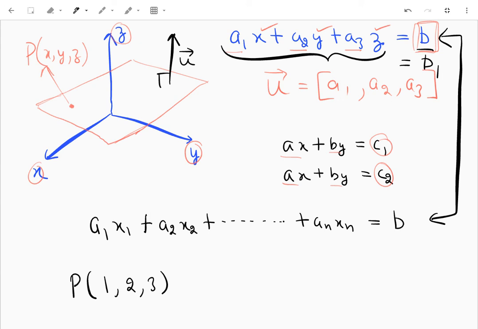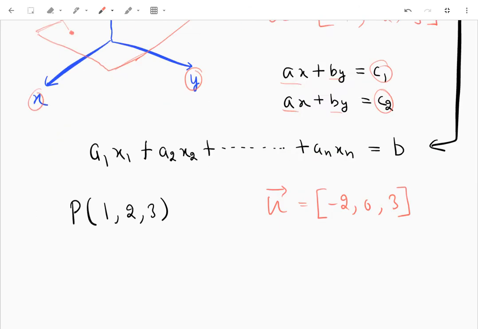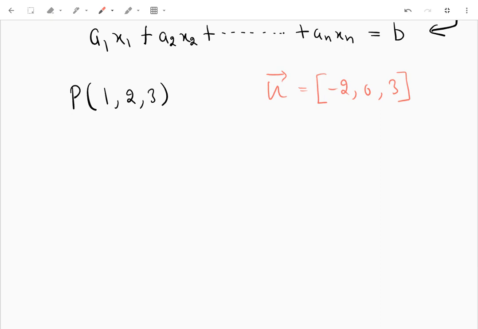And let's say that our vector u, the vector which is perpendicular to the plane of which they are asking us to find the equation, is -2, 0, and 3. This is basically representing -2 i cap plus 0 j cap plus 3 k cap. This is the vector.